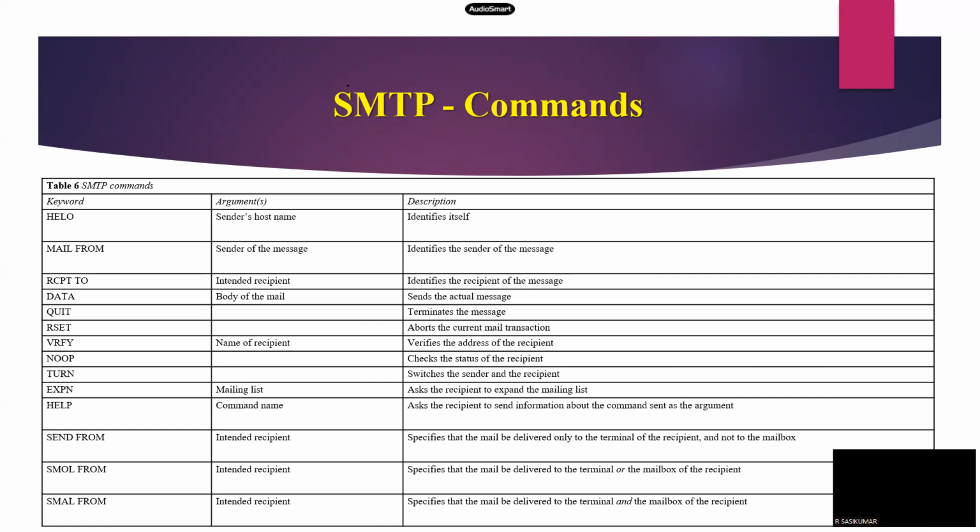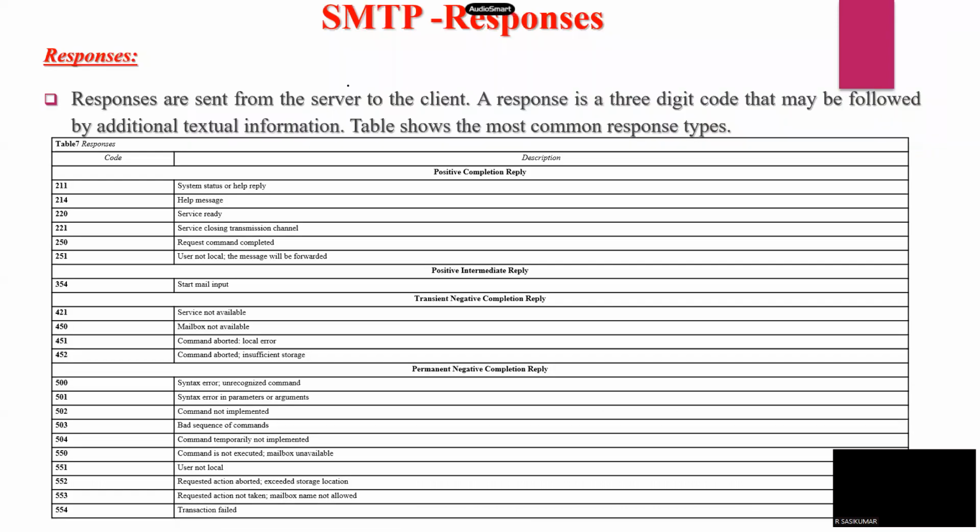QUIT is nothing but terminate the mail. RSET resets the current mail transaction. VRFY verifies the address of the recipient, and NOOP means no operation. TURN switches the sender and the recipient. These are the commands I have listed out for your reference.